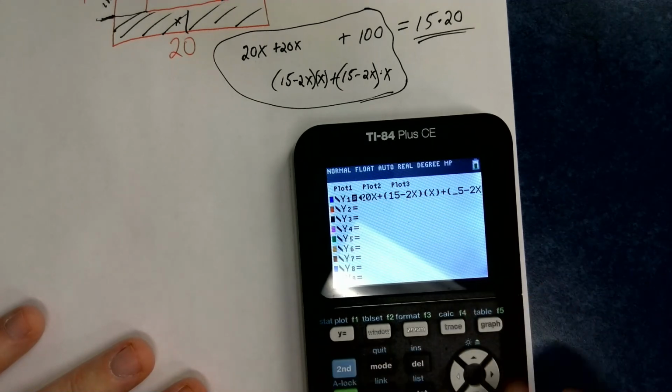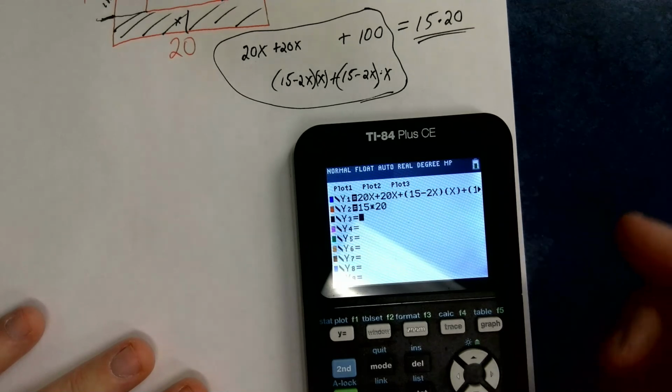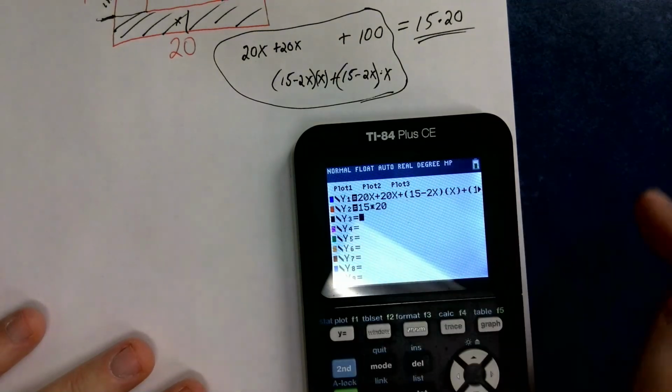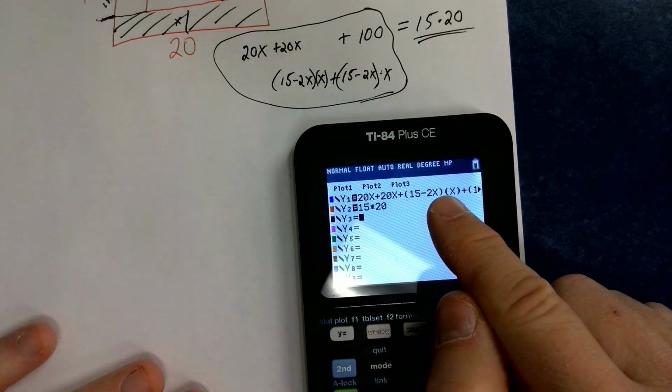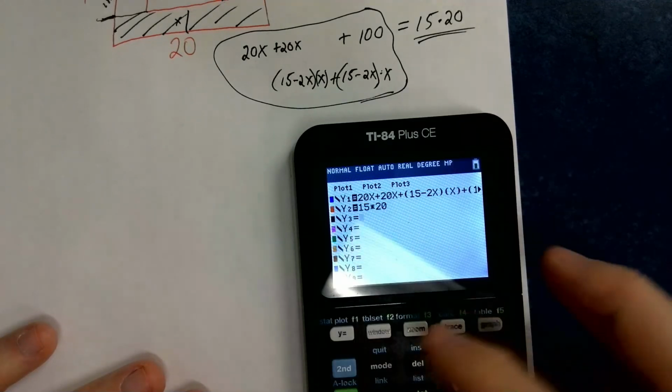Insert that parenthesis. 15 minus 2x times x plus 100. And then this is supposed to be 15 by 20. Is that good? So I take those things and I do that. I know that this top equation is definitely a parabola, right? Big scary looking parabola. And that's a horizontal line at 15 by 20.